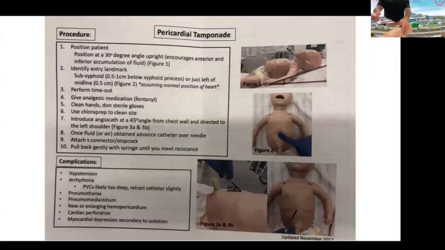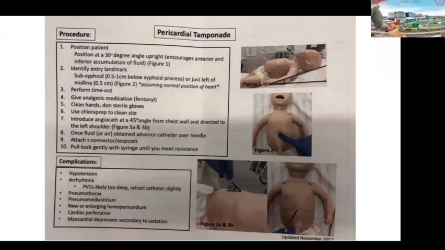Okay, redo, but try to go about a 45 degree. Not much. Still no? Okay. No, oh, now you have. Okay, advance a bit more. Yeah, perfect. Now push your catheter, push it, push it, push it.